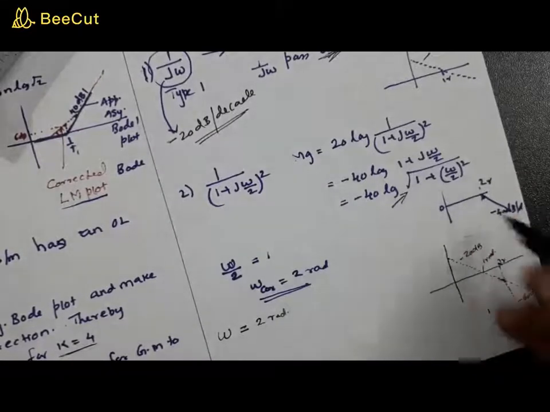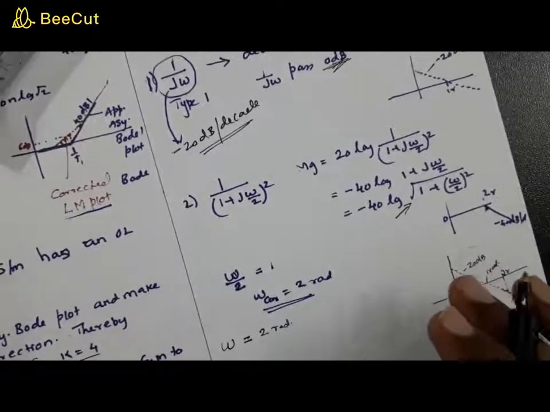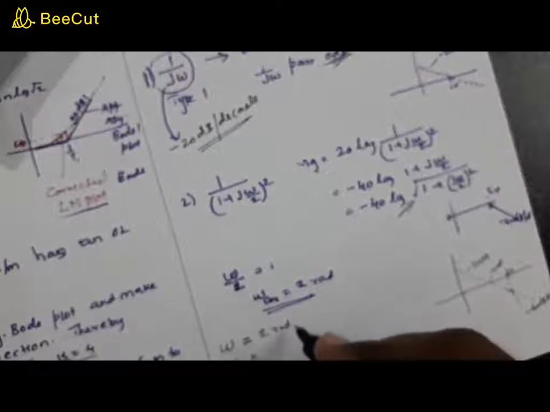Now in order to plot that, we'll be getting only one point, right? To get the corrected curve, we need some points below this 2 radians and above this 2 radians. So I will find the value not only for 2 radians per second, but also for omega equal to 1 radian per second and omega equal to 4 radians per second.